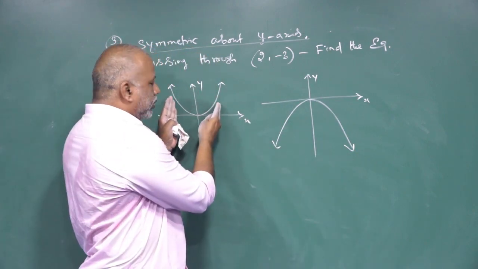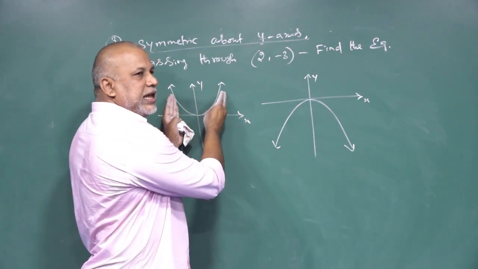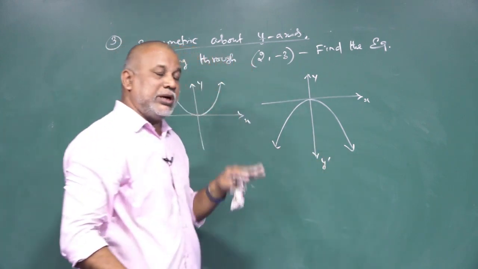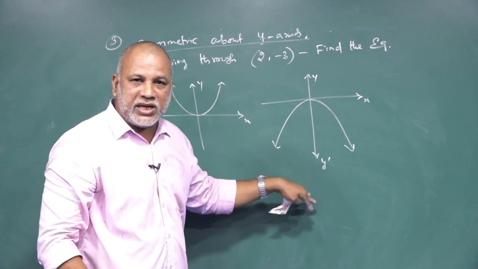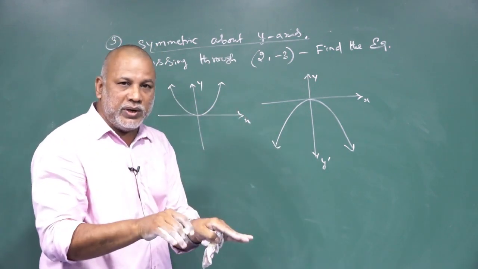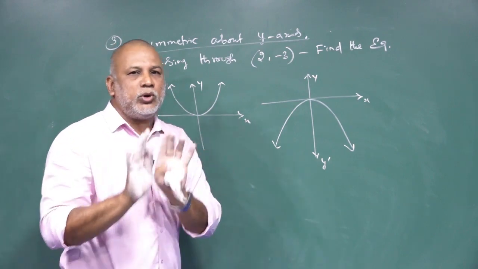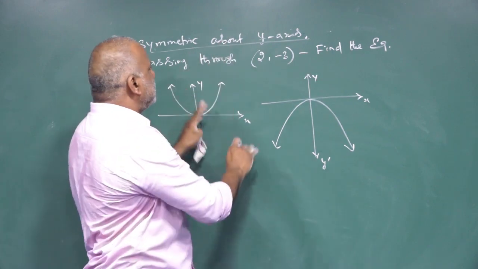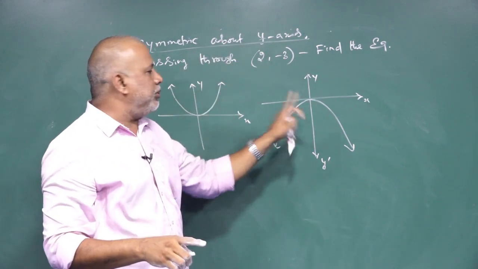See here, about the y-axis, the same identical portion. Here also, the same identical portion. But one portion is above, one portion is below. So this is called open upward. This is called open downward. But both diagrams are symmetrical about y-axis. So we are able to justify the concept of symmetrical about y-axis.